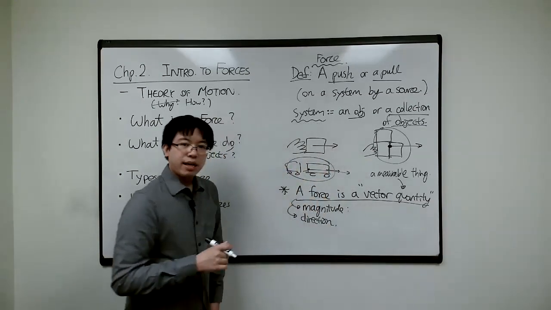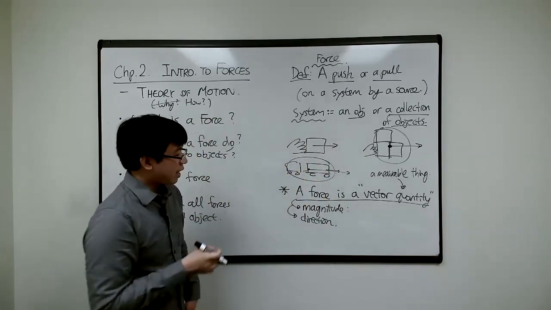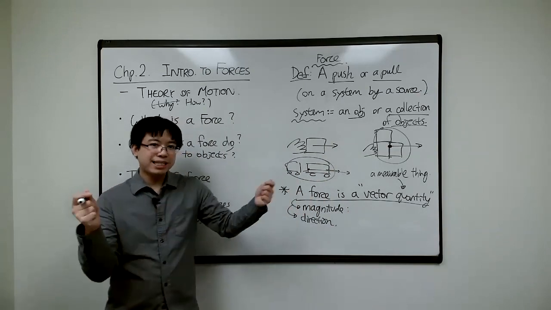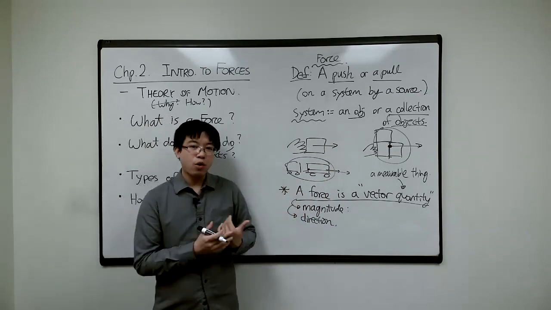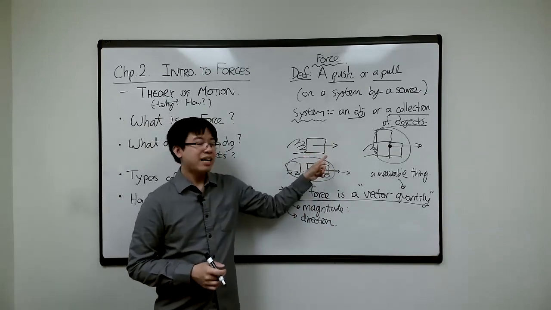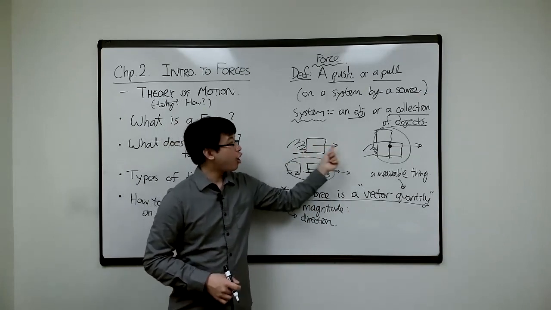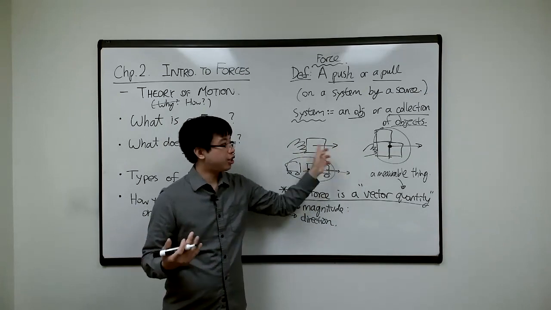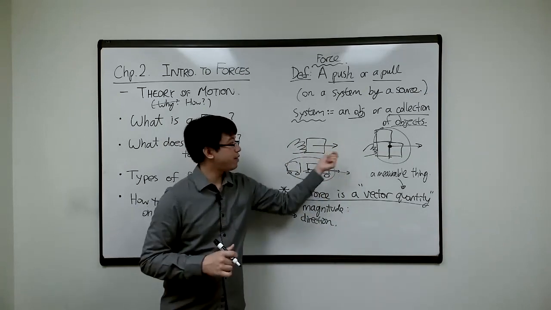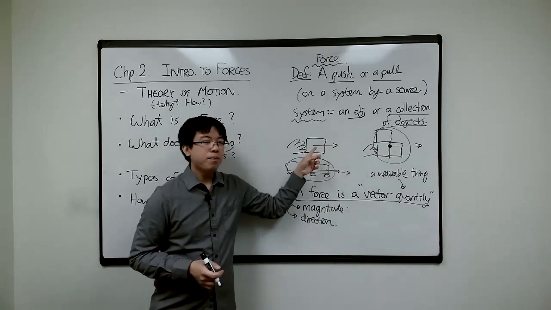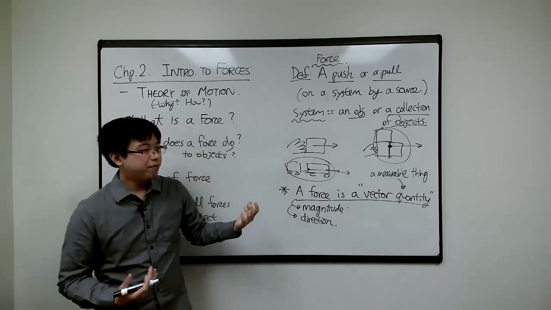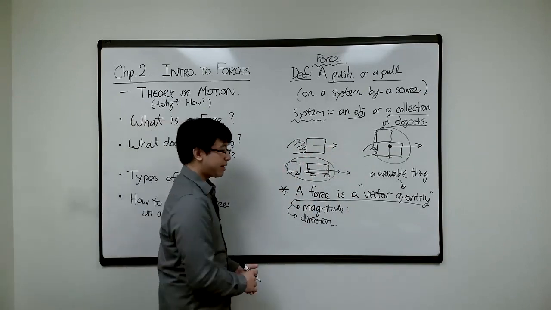For magnitudes, let's specify that a little bit more. For force, there's no such thing as length, even though we can describe it or draw it like an arrow like this. Graphically, I'll represent it with an arrow. The larger the arrow, the larger the force, the larger the magnitude or the strength of the force. But we don't measure it with meters. That's not the way we measure force. We have a special unit for it.